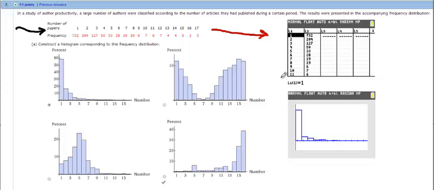The next thing I did was I hit stat plot. It's at the top of your calculator.